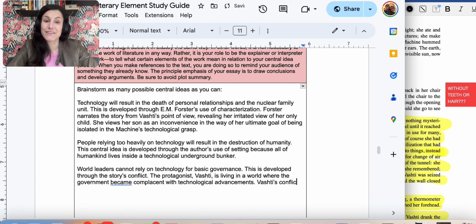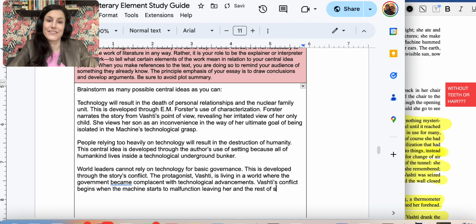And then we can say Vashti's conflict begins when the machine starts to malfunction, leaving her and the rest of society helpless to survive because they can't survive without it.